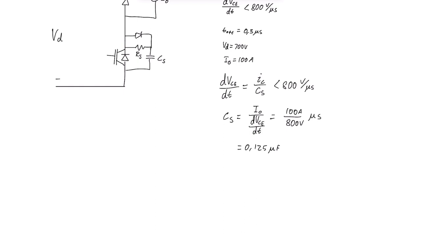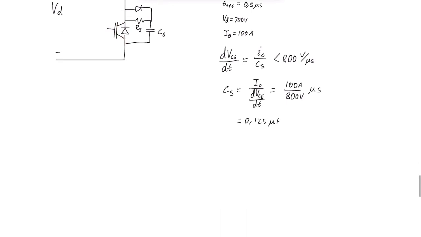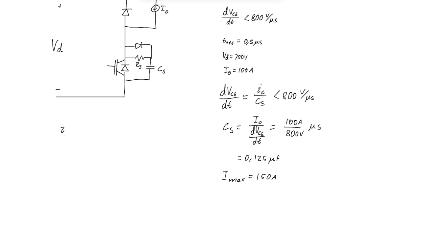So when it turns on, the current through the capacitor and the current IO will go through the IGBT. So let's say that the Imax in the IGBT is equal to 150 amps. So that would mean that IC plus IO could never be over 150 amps, right?